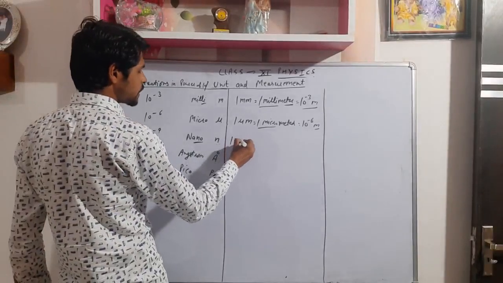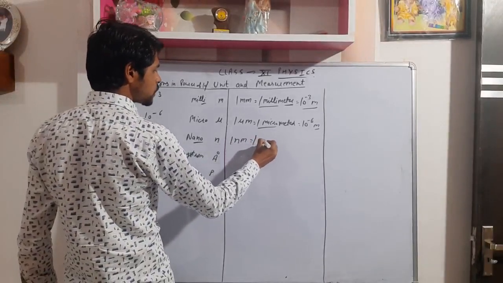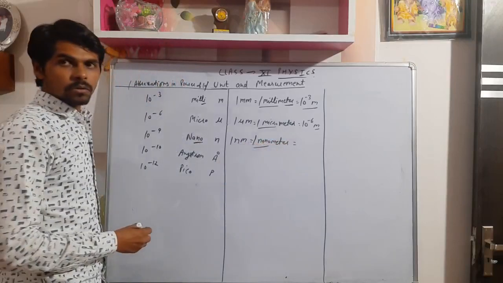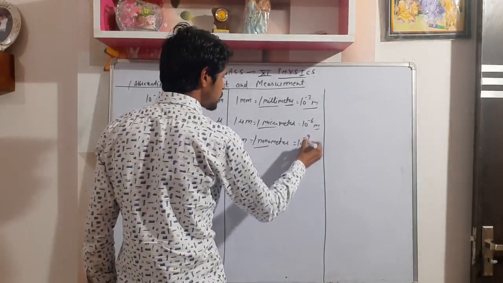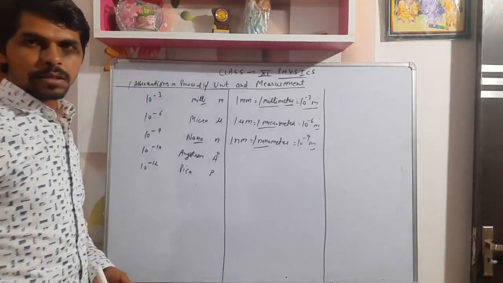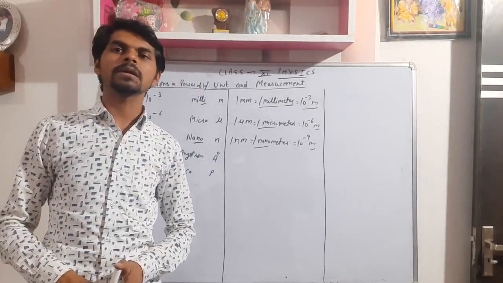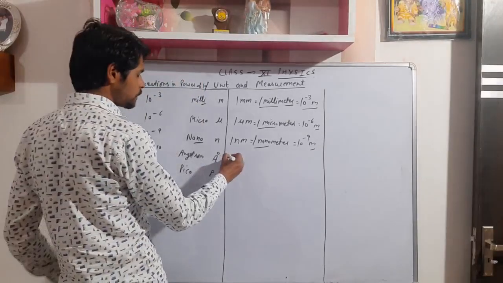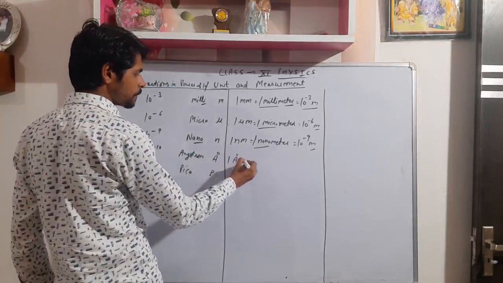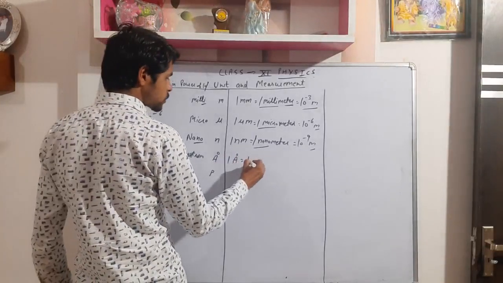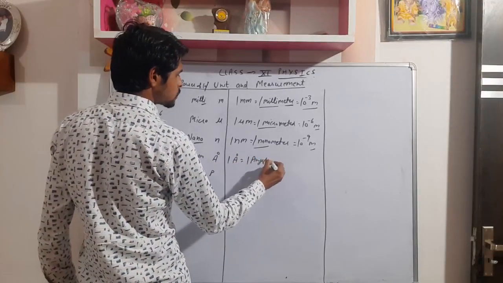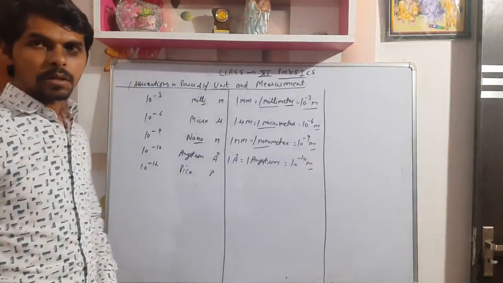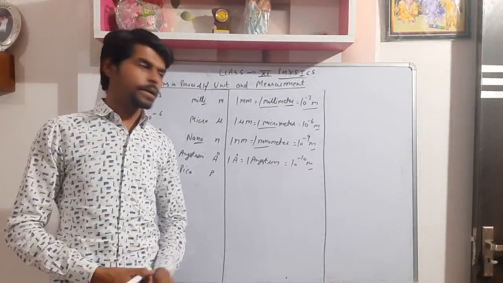If 1 nanometer is written, we put the value of 1 nano, that is 10 to the power minus 9 meter. If 1 angstrom is written, it means 10 to the power minus 10 meter.